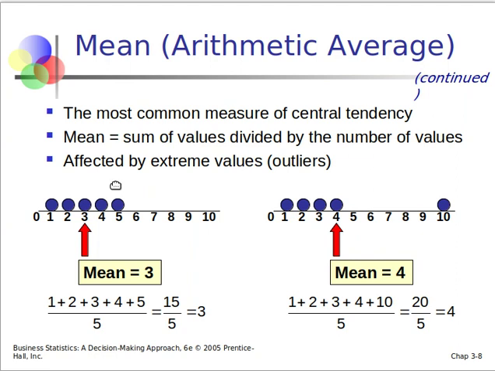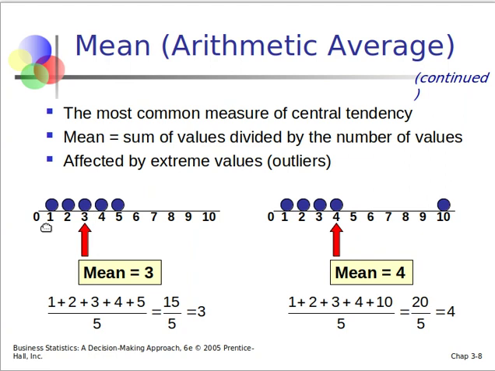And this measure, which determines where the center of the data set is, is affected by extreme values, or outliers, values that lie unlike the other values, which are extremes. It could be from both sides of the spectrum.